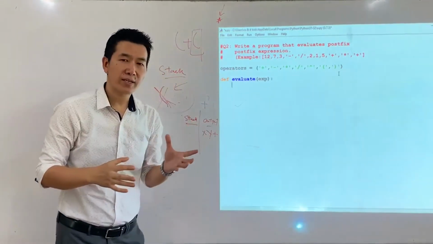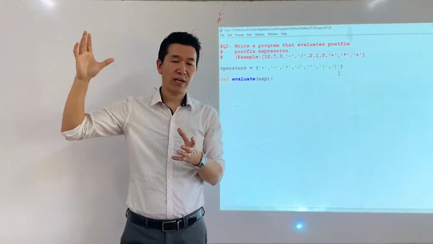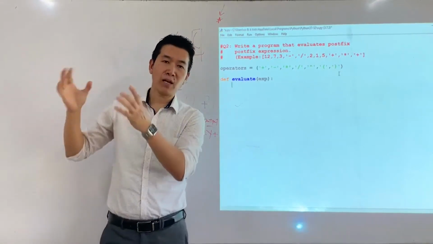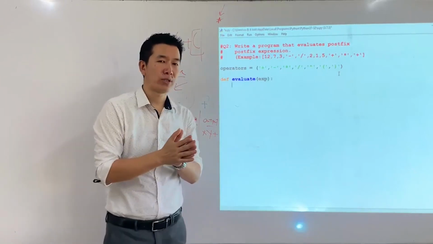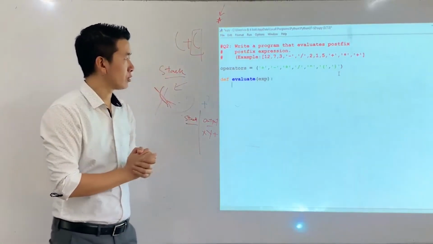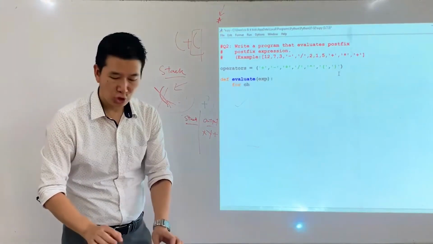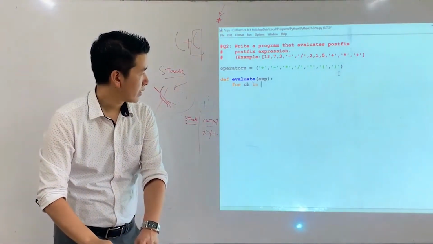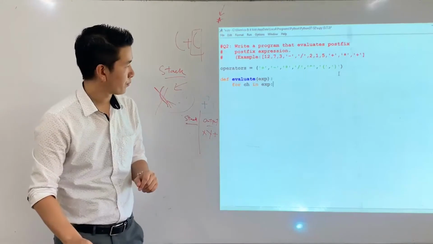If it's an operator, I need to pop the number of elements as per the nature of the operators, and then evaluate, and then the result needs to be pushed back onto the stack. Just need to remember this. So let's traverse CH in EXP. So this is the postfix expression.